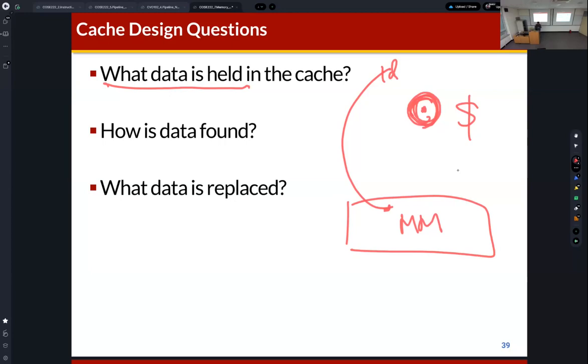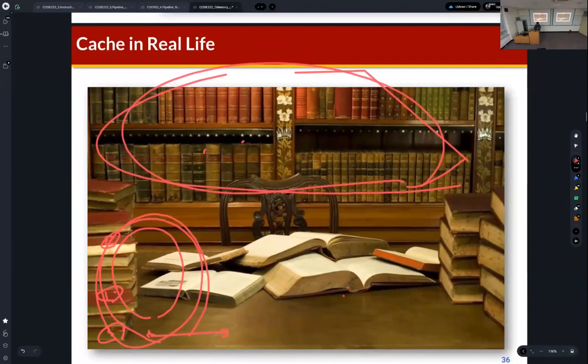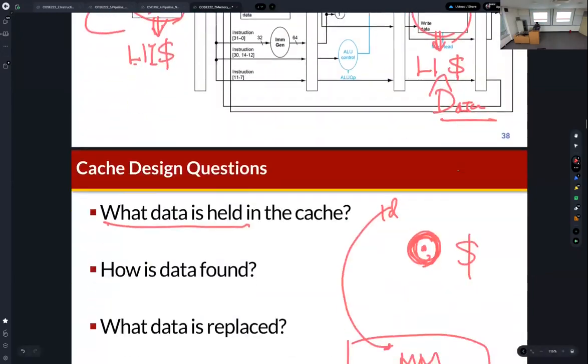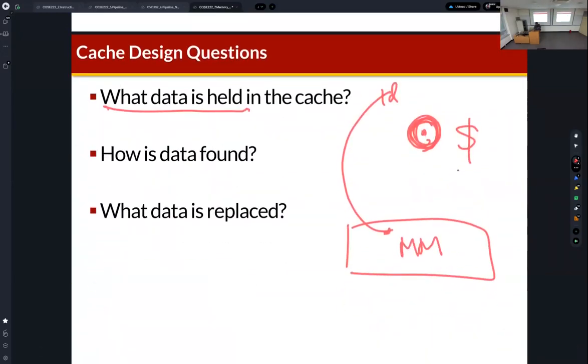Like this analogy, we want to find book number 3. Then we can find this book number 3 in the bookshelf or on the desk. There are two cases. It's the same for the cache. The requested data can be found in the cache or found in the main memory.